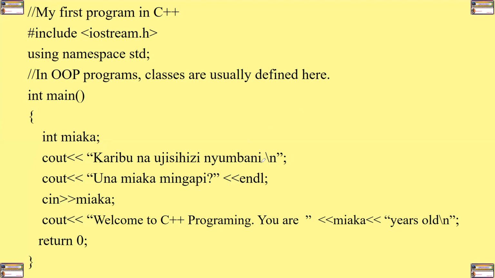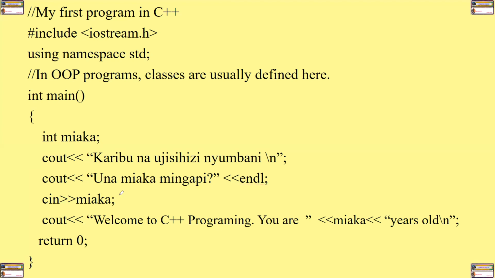And once you write the statement, move to the next new line. The same is done by this statement: Una miaka mingapi? Write or display it on an output device, which in this case is the monitor. Once you are through with writing, print a new line.